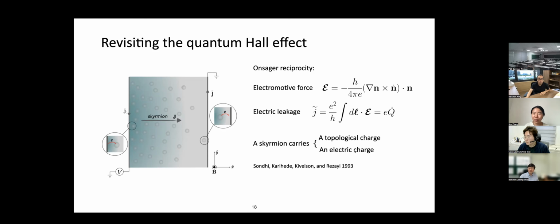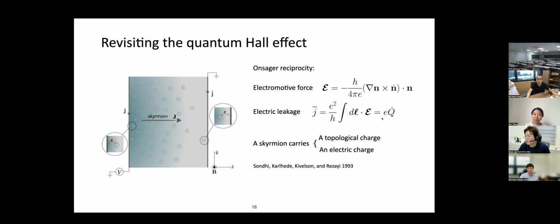So this actually might be one contribution to the breakdown of the quantum Hall effect at large voltage or high temperature, because these skyrmions are injected by this edge current, and they can carry the charge longitudinally across the system.